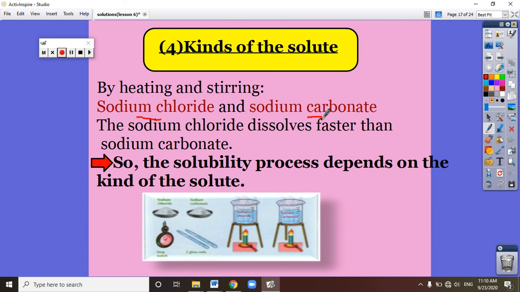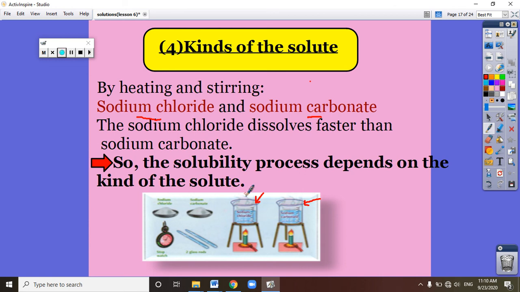So I have here two different solids, sodium chloride and sodium carbonate. I have here two beakers, as you can see. The two beakers contain the same amount of solvent, the same amount of water.